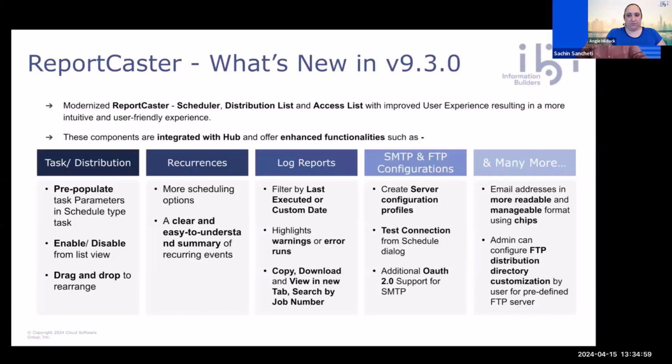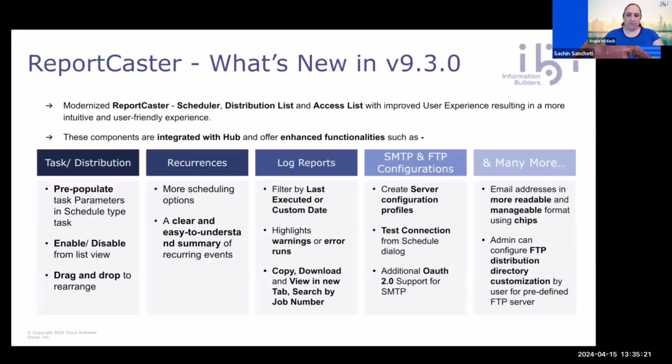Also, we have started highlighting warning or error runs in amber and red color respectively. Also, we provide a copy and download option so that users can share these reports with other users or teammates. We also allow them to view them in a different browser tab if they want to analyze in more detail.